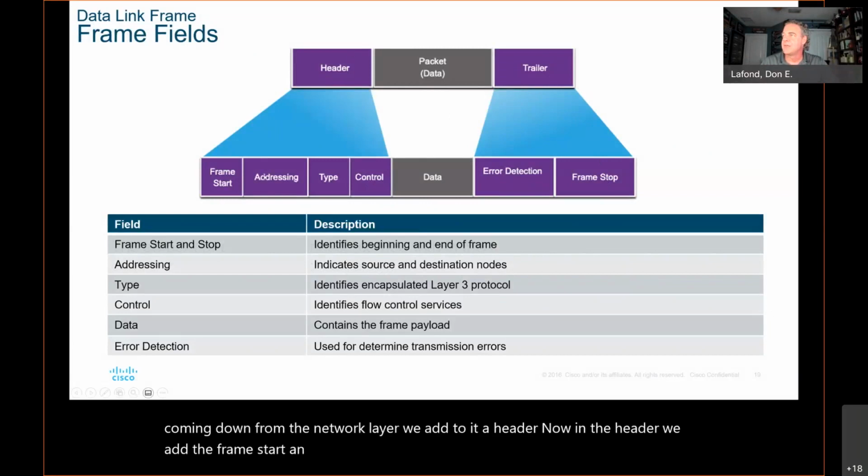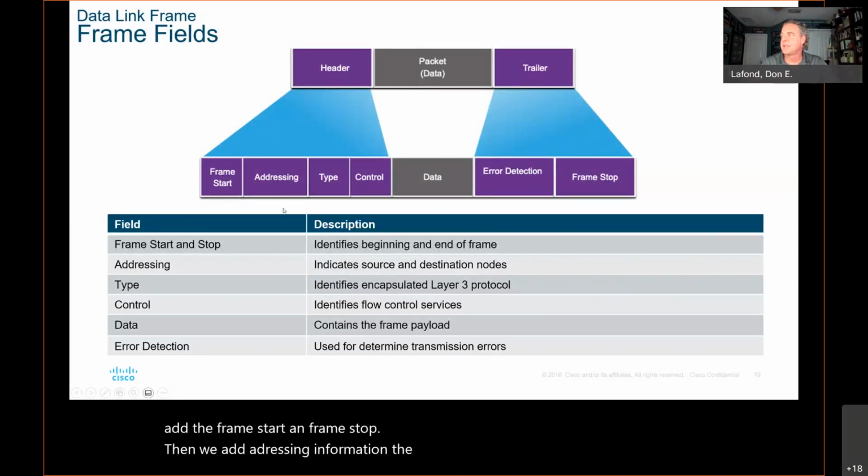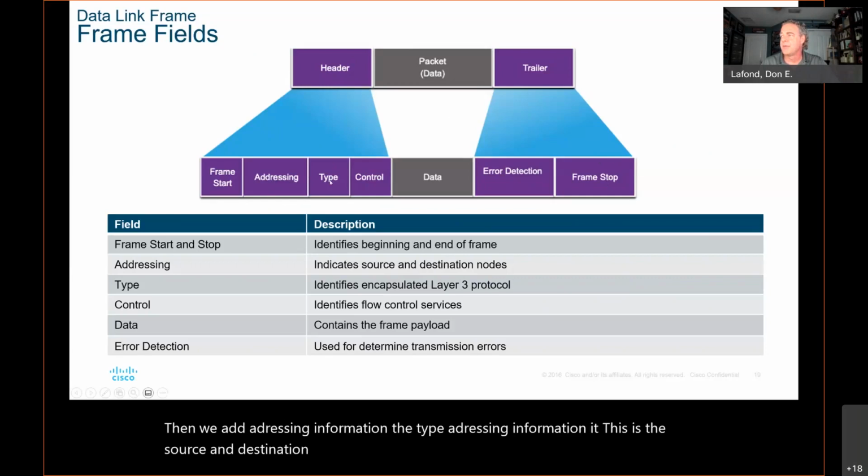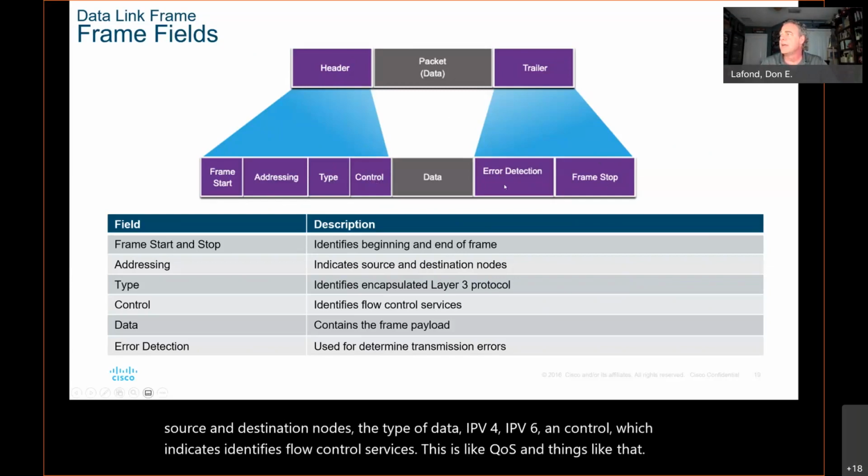Then we add addressing information, the source and destination nodes. The type of data, IPv4, IPv6, and control, which identifies flow control services. This is like QoS and things like that.